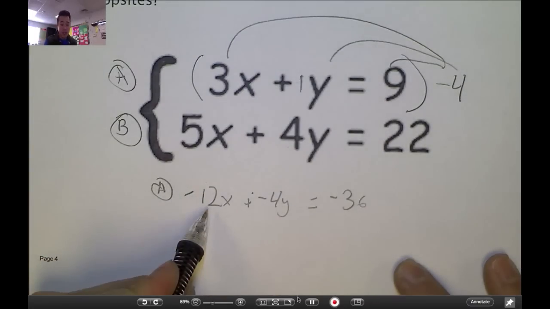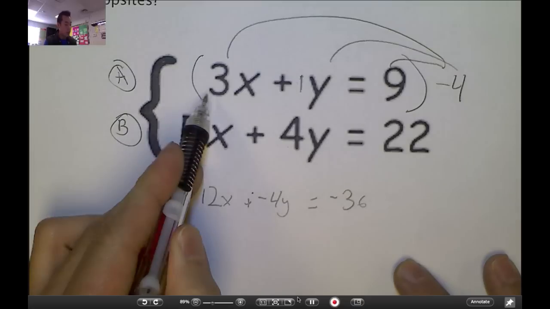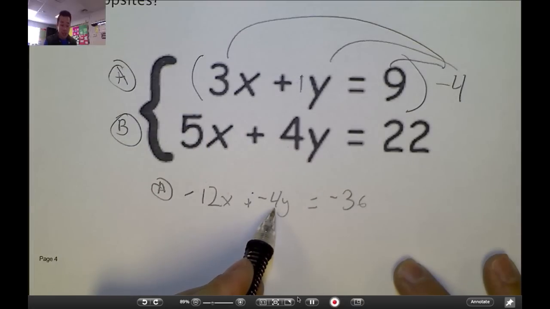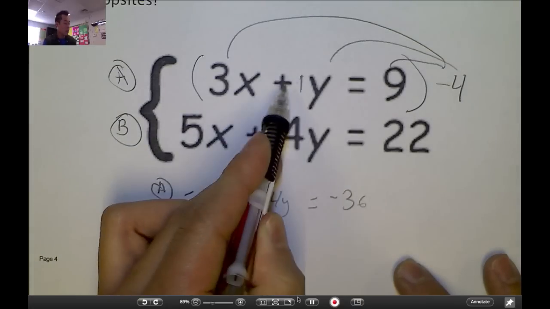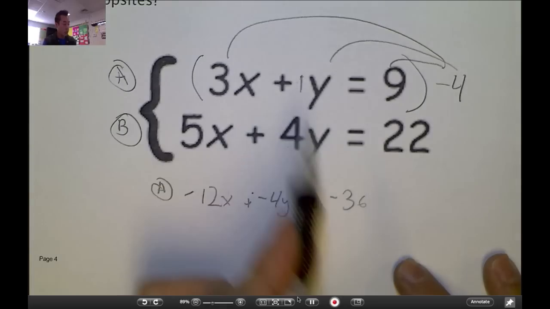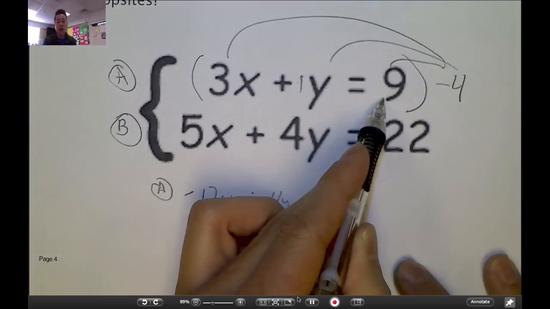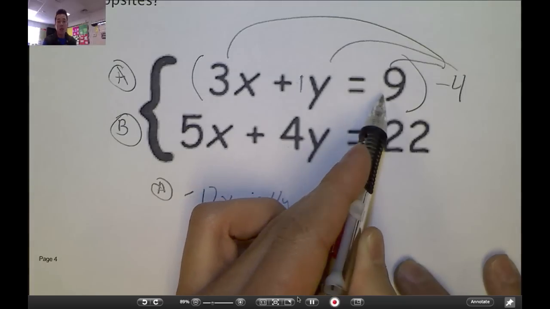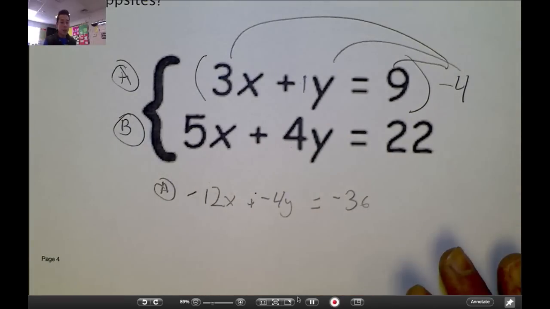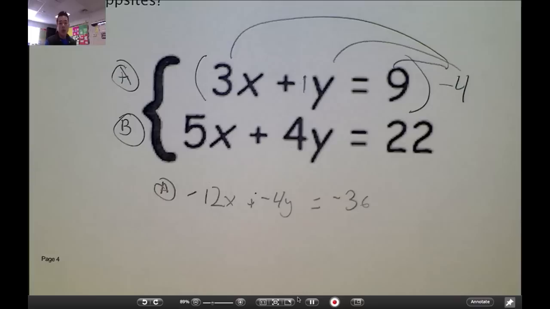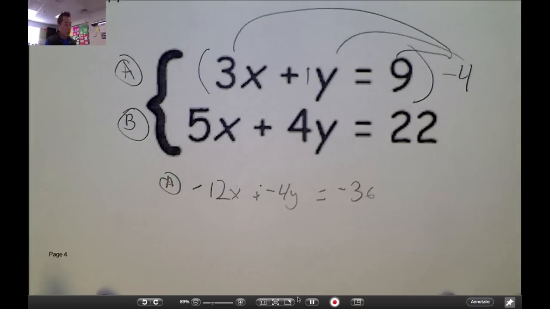In other words, I can divide 12x by -4 and get positive 3x. I can divide -4y by -4 and get positive 1y, and then divide -36 by -4 and get positive 9. So that way I am getting an equivalent equation.